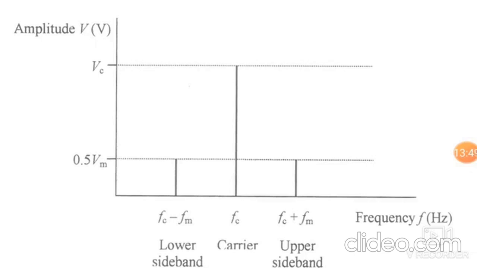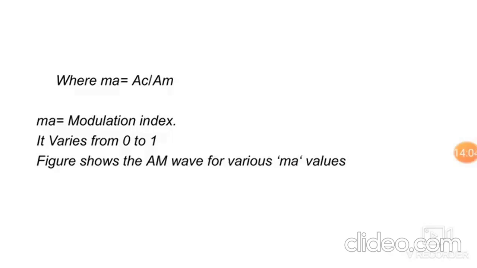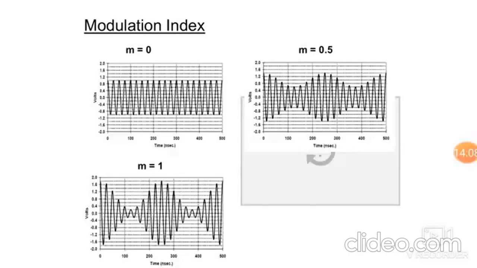Here the diagram shows the frequency spectrum of the carrier signal, LSB signal and USB signal. fc stands for carrier frequency, and fc plus fm stands for the frequency of USB, and fc minus fm stands for the frequency of LSB. And ma is the modulation index that varies from 0 to 1.